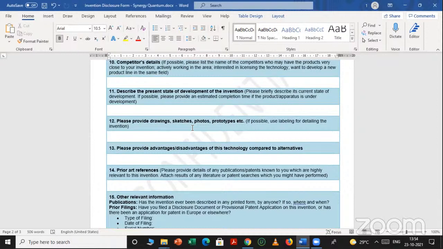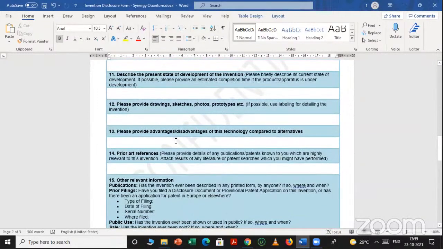So never shy away from providing any diagrams, sketches, and prototypes if you have them. This is going to help the attorney. This is going to help your invention get granted by the patent office. And obviously, your attorney is going to sign an NDA, a non-disclosure agreement, with you, so you don't have to worry about that part.